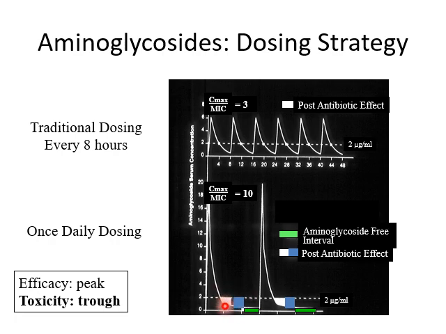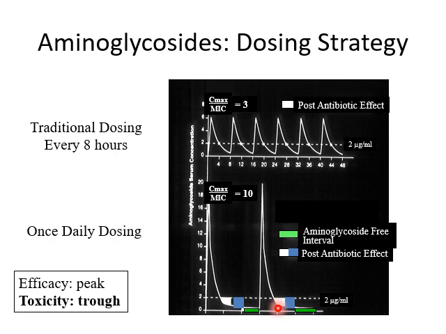So we are left only with this tiny green area where we have no effect at all, and here the bacteria may grow again. But it's okay because we have already killed so many by this high concentration here and by this prolonged PAE. So what are we trying to do here again? Let me summarize.